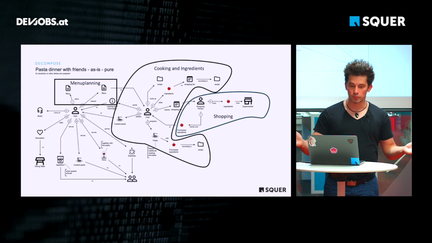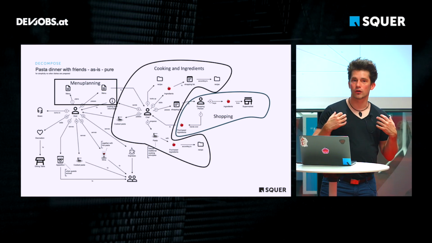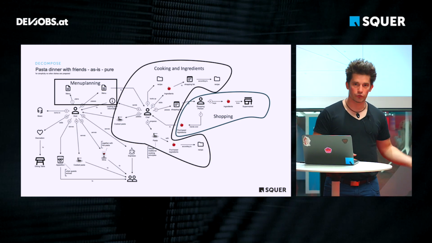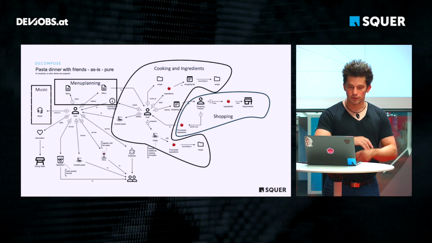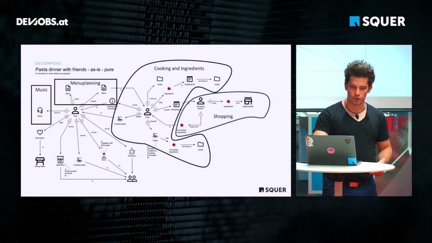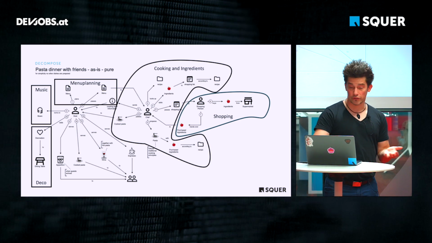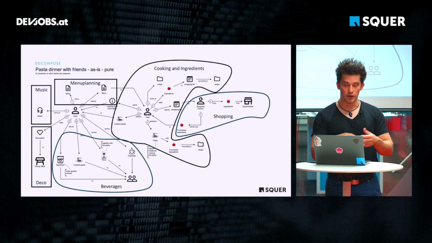The third section could be the shopping. This is the area where people take care of where to get the ingredients. It could be a very simple thing, like just going to a supermarket and buying it, but it could be a bit more than that. And let's go on and on. So here we have a subsection music, a subdomain, actually. A subdomain decoration, and then we have the beverages.